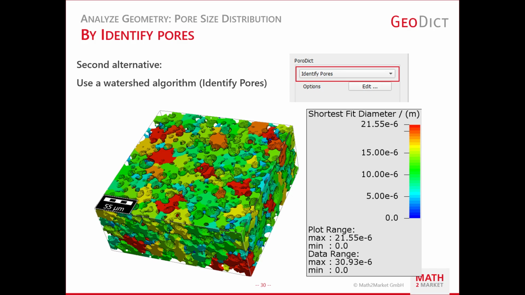So there are no spheres being fitted, but just the area is filled by GeoDict until it hits the next pore. So this again gives a different distribution of the pore sizes, and it's really interesting to compare those just to see how different the definitions are and to which different results they lead.